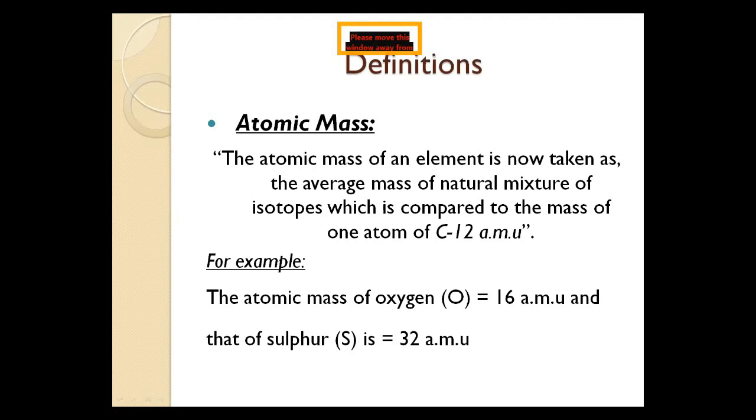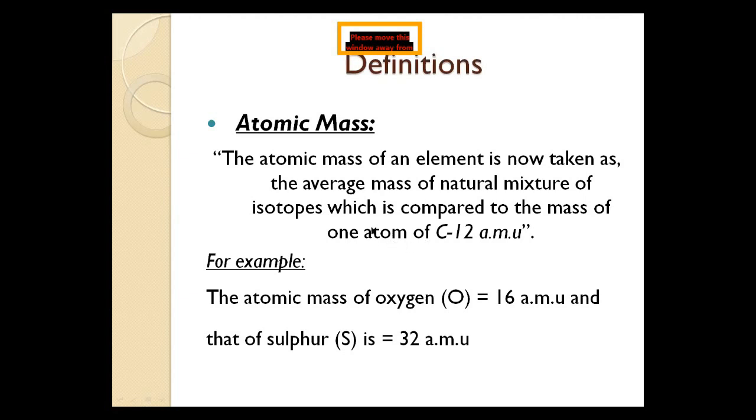Carbon-12 is taken as a standard by which we compare the other elements. So the atomic mass of an element is taken as the average mass of a natural mixture of isotopes, compared to the mass of one atom of carbon-12.